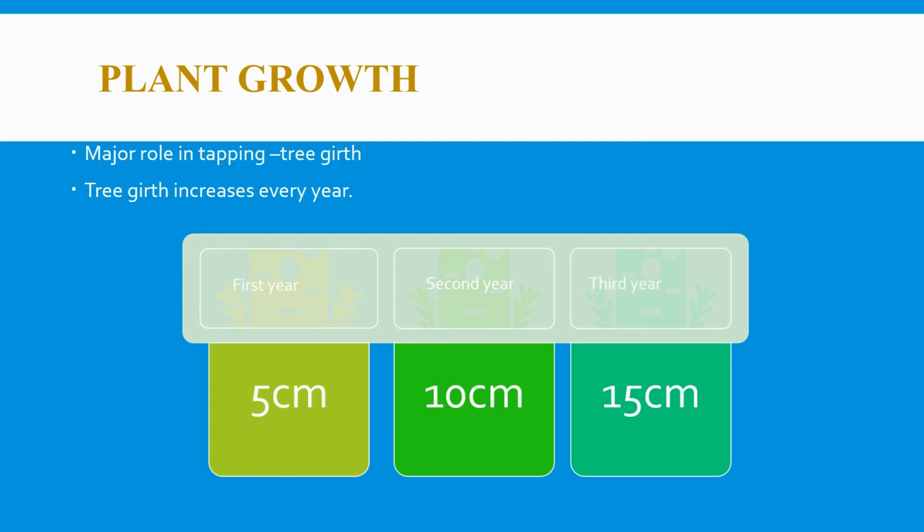The girth rate is faster after the third year and reaches about 30 centimeters at the end of the 4th year. The latex production increases every year up to the 11th year. In the first year of tapping, about 65 to 70% of trees become matured for the tapping operation. This is about the plant growth.